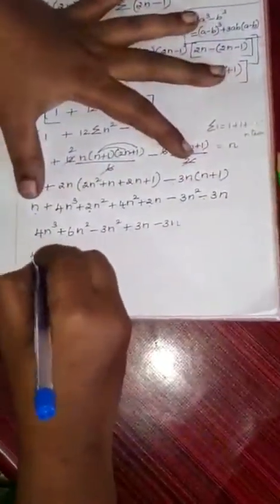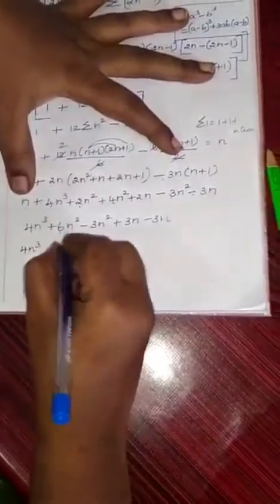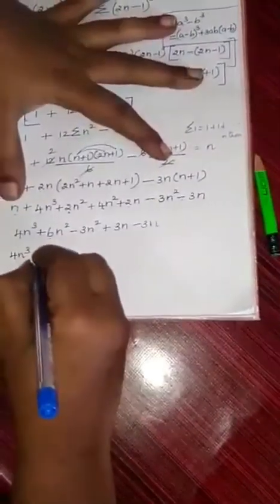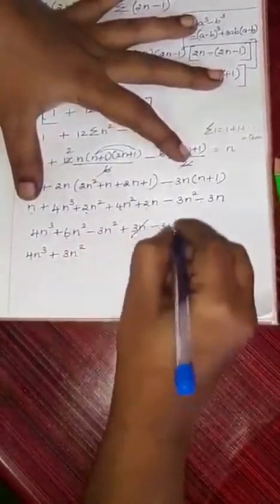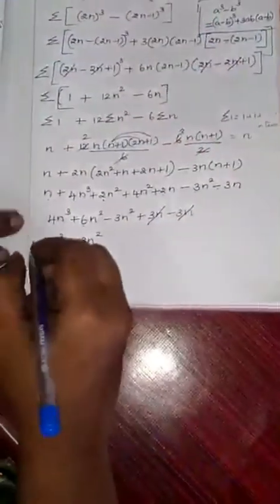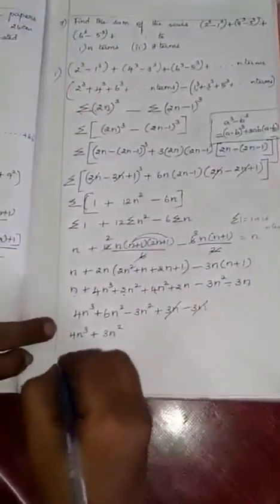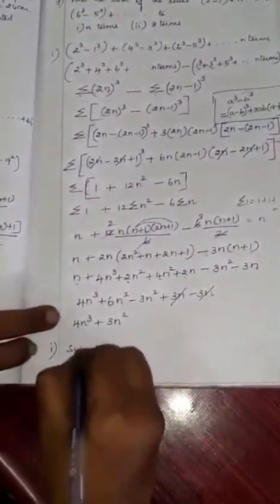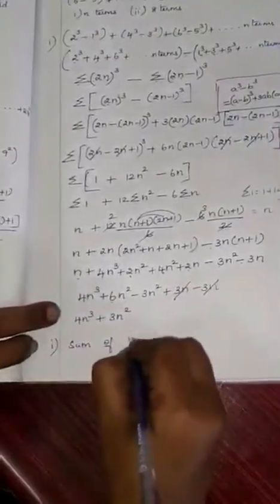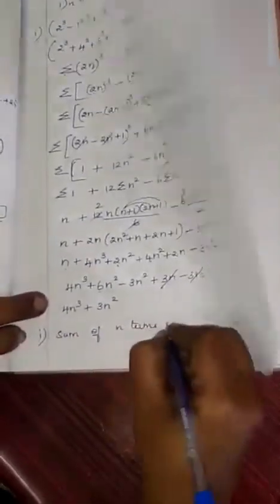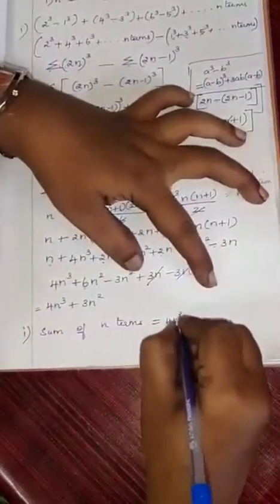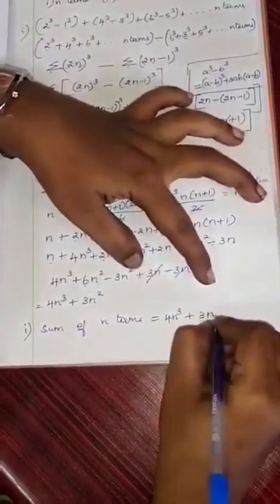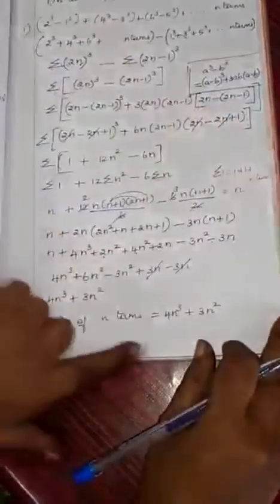So now 4n cube. 6n square minus 3n square is 3n square. 3n minus 3n gets cancelled. So the answer, the sum of n terms, is equal to 4n cube plus 3n square.